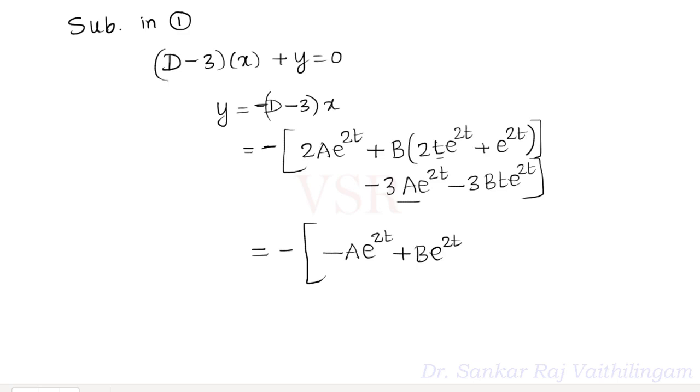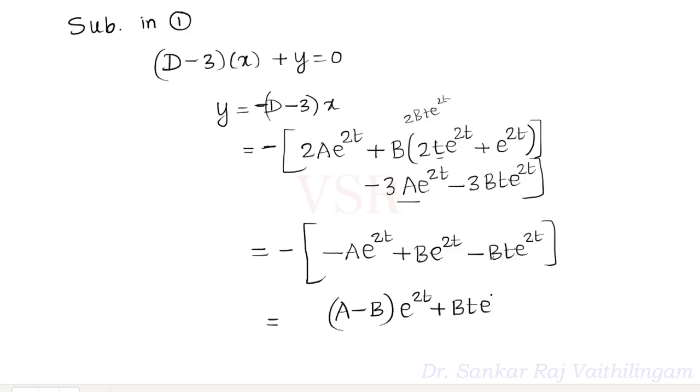Then we have 2b t e to the power 2t here and 3b here, so I will write this as minus b t e to the power 2t. Multiplying by minus 1, this is equal to (a minus b) e to the power 2t plus b t e to the power 2t. So this is my y of t.